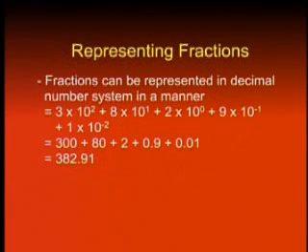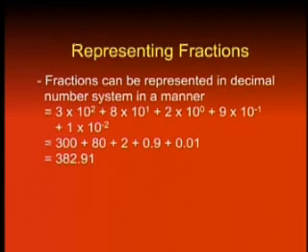Fractions can be represented in decimal number system in a manner similar to that of representing integers. The weight of the digit to the immediate right of the decimal point has a weight 10 raised to power minus 1. Weights of subsequent digits decrease by a factor of 10 as you move towards the right.